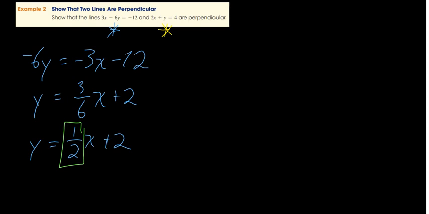Now let's do the second equation. It's pretty easy. We're going to subtract 2x from both sides. So this is going to end up being y is equal to negative 2x plus 4. They might as well have just given that to us. And this slope is negative 2.